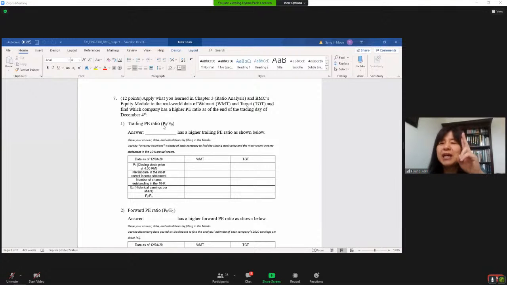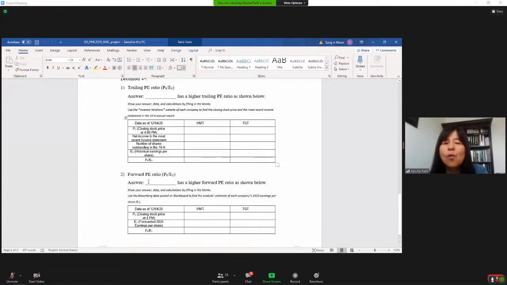PE ratio has two types: trailing PE ratio using prior earnings, the most recent historical earnings, as well as forward PE ratio based on the estimated future earnings. So historical 10K reports show historical earnings, so you can use that information to do this part.